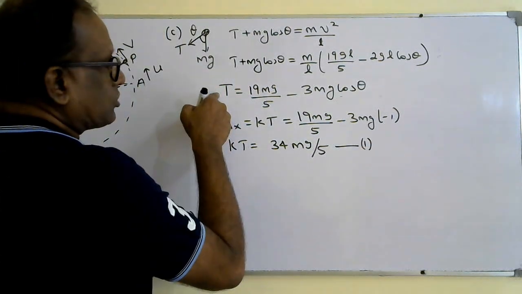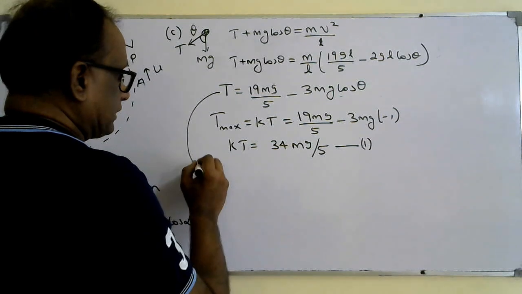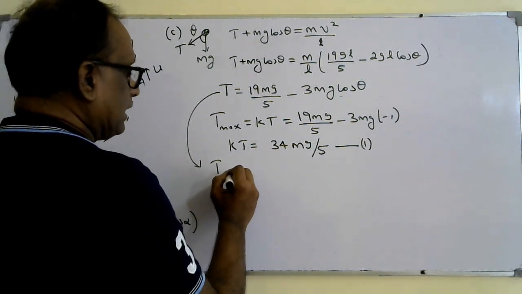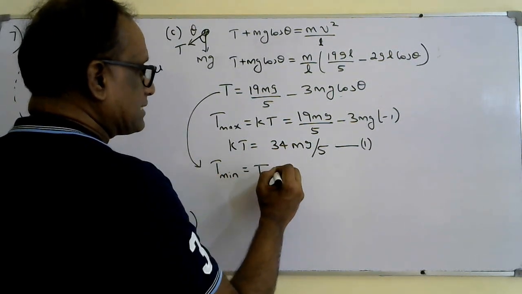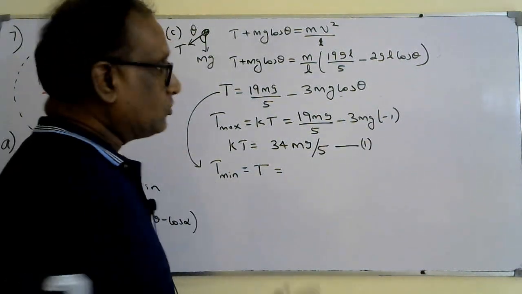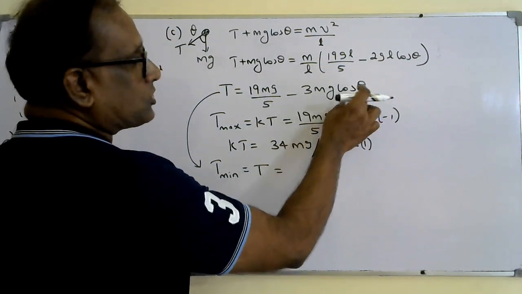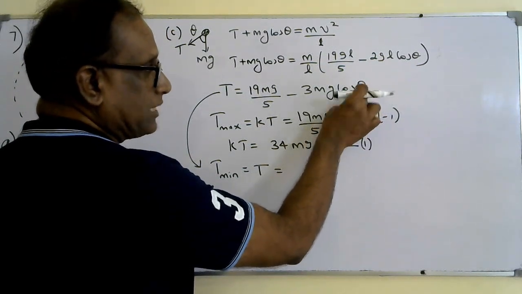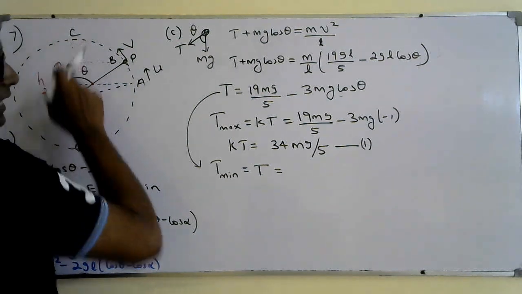T minimum occurs, from this equation again, and they are saying T minimum is T. That occurs when cos theta equals 1, so it becomes minus 3 mg. Cos theta equal to 1 means theta equals 0, which occurs at the highest point.